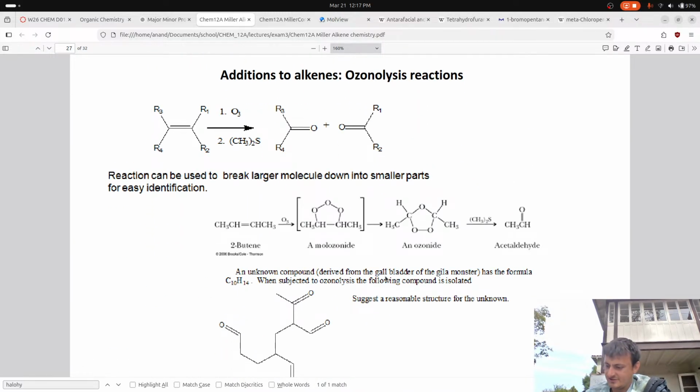All right, so let's do this. Ozonolysis. What's the second reagent? What do you call that? A thioester or something? Dimethyl thioester?